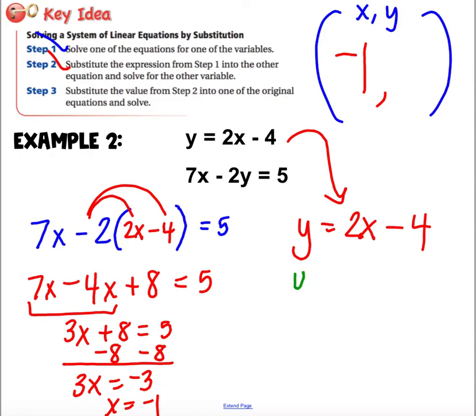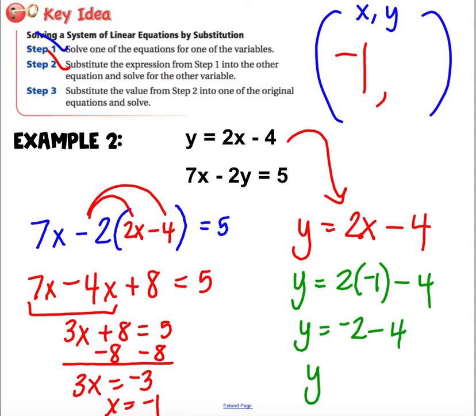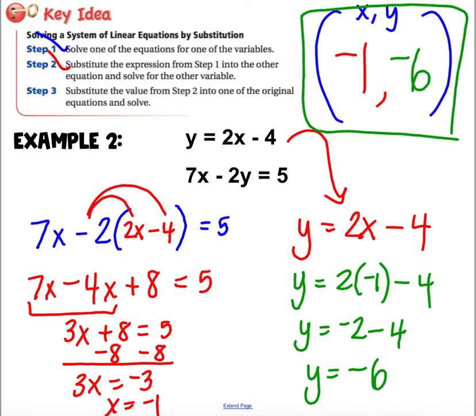And I'm just substituting in my x value, which I got as negative 1. So y is equal to 2 times negative 1 is negative 2 minus 4. What's negative 2 minus 4? Negative 6. So this is the solution to that system, algebraically, or the substitution method.